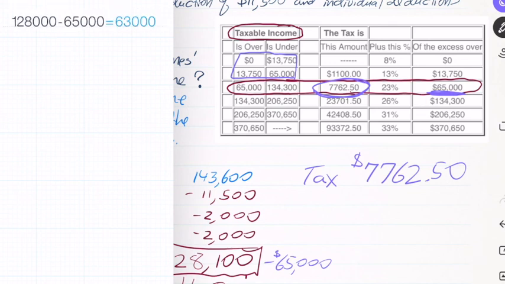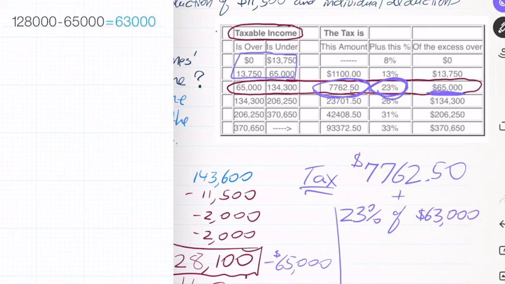So we have to calculate a 23% tax on $63,000. So 23% of $63,000. And that'll also be part of our tax. So it's going to be these two added together for our total tax.